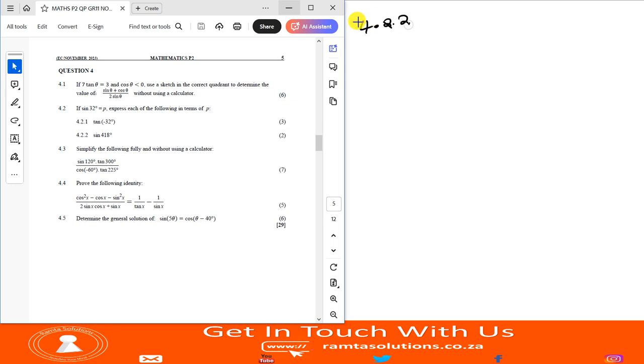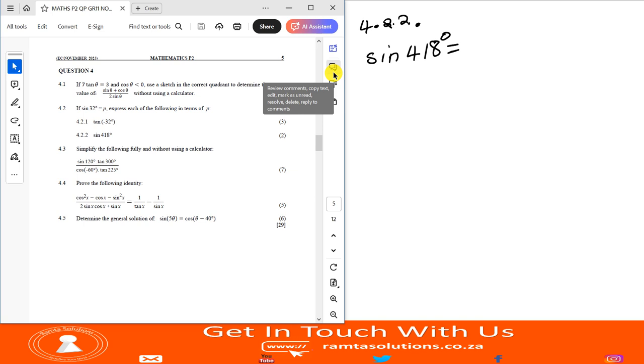4.2.2, we're looking at sine 418. So guys, sine 418 degrees, when you get to such angles that are greater than 360 and of course less than 720, so it's over 1 revolution but not over 2 revolutions, just minus 360 from it.